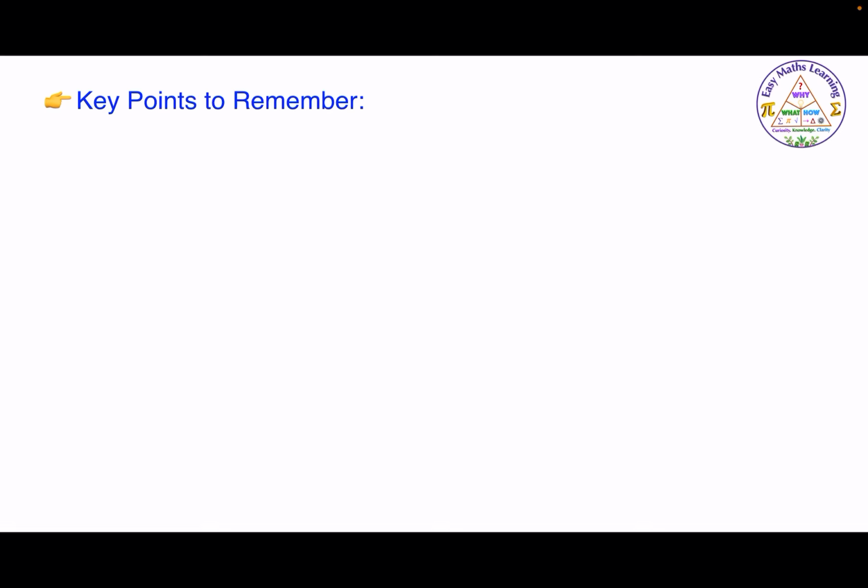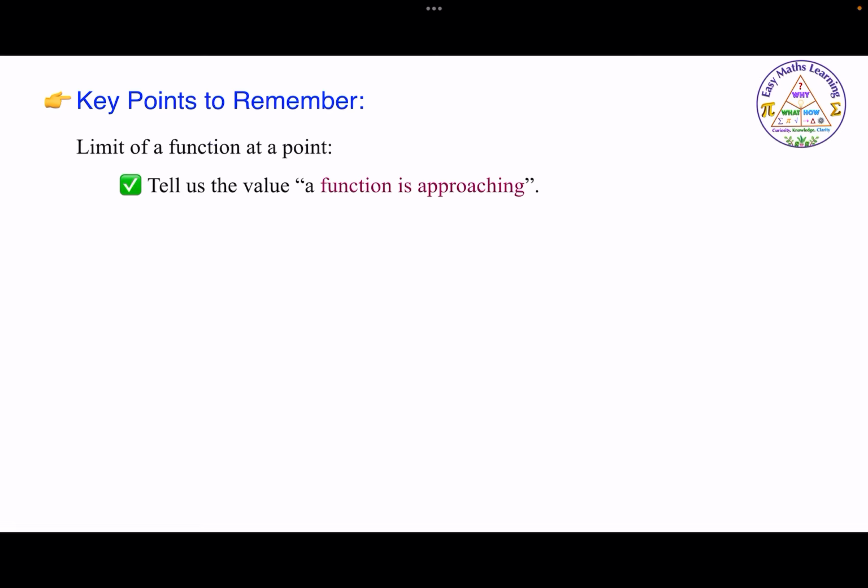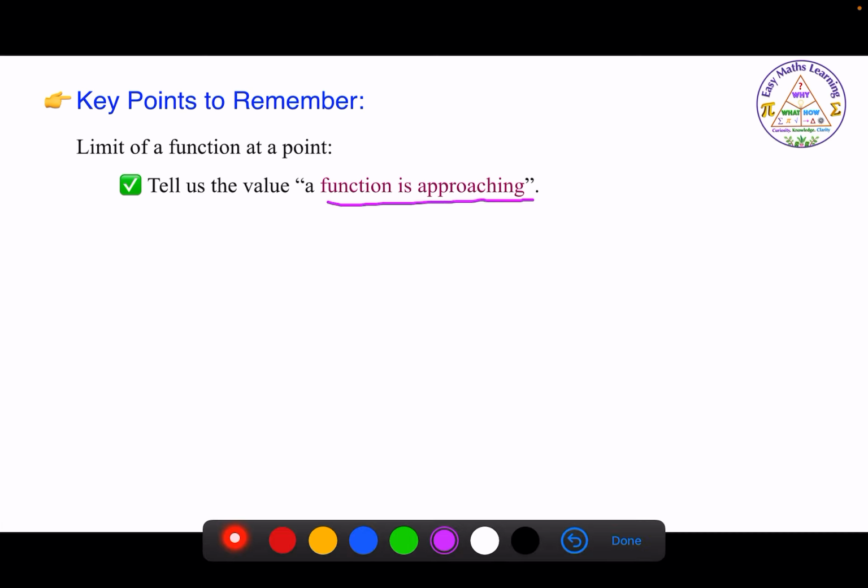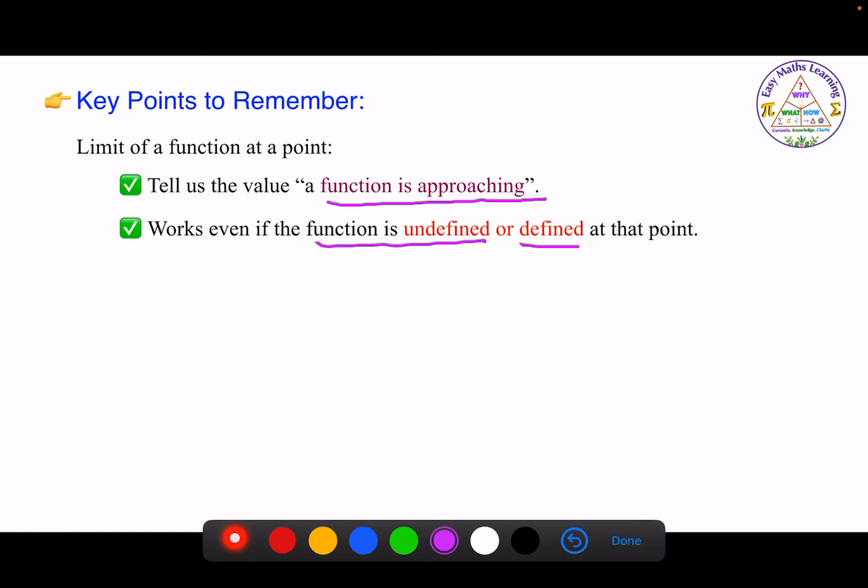Let's summarize the key points about limits. Limit of a function at a point tells us what value function is approaching. Okay. Limit works even if function is undefined or defined at that point. Means limit does not depend on the function value.